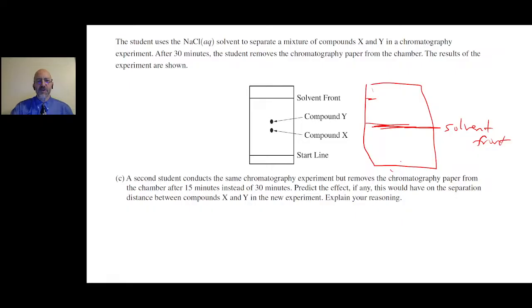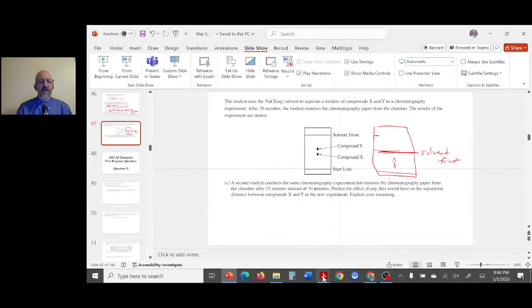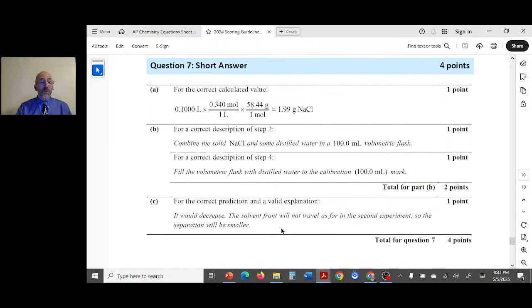Now these two little components probably wouldn't have very much separation because you didn't run the chromatography all the way. So predict the effect it would have on the separation distance between the compounds X and Y. It would be less because it didn't travel up the paper as much. And so we'll go ahead and read what the official scoring guidelines say. It would decrease. The solvent front would not travel as far in the second experiment. So the separation would be smaller.